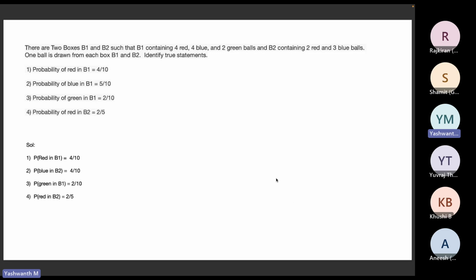So let's see. Anyone of you guys want to try? What is the probability of drawing a red ball from B1? Right, it is 4 by 10. Anyone would like to volunteer why it is 4 by 10?